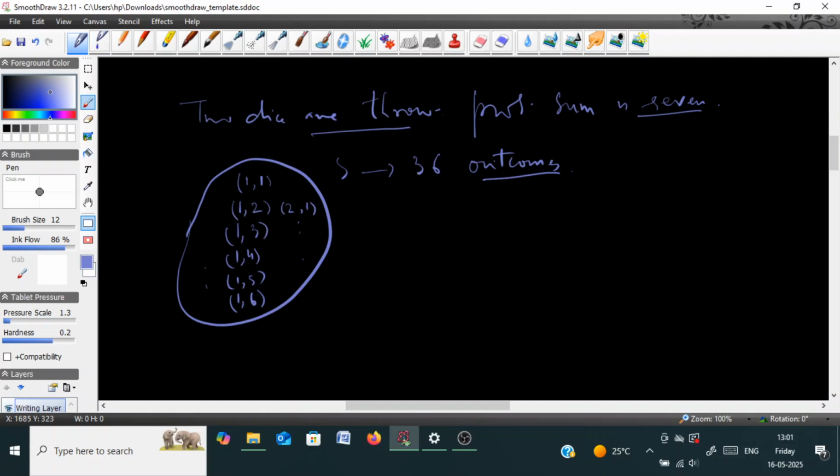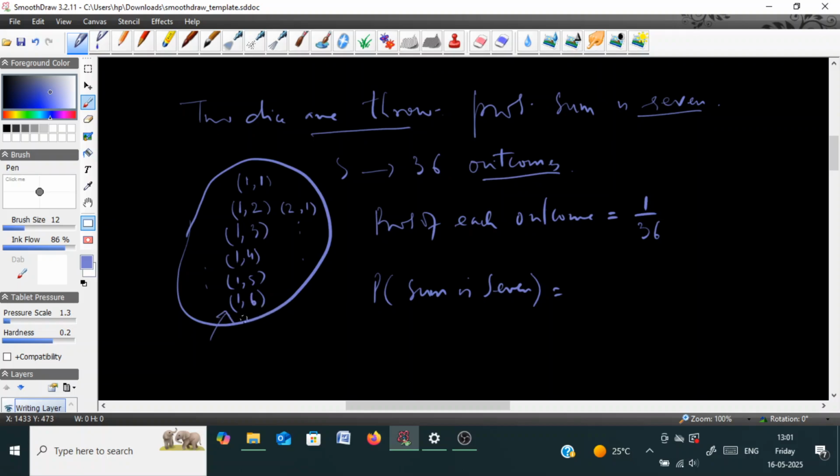So the probability of each outcome will be 1 by 36. And for the probability that the sum is 7, you simply have to look for those points which make the sum 7.